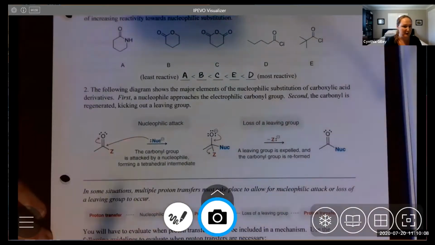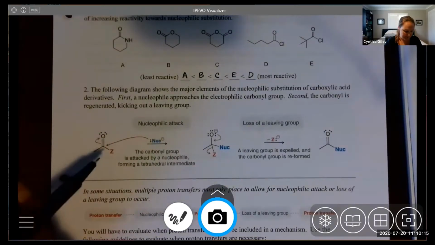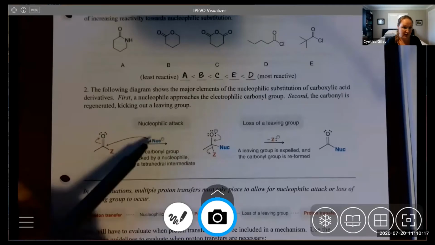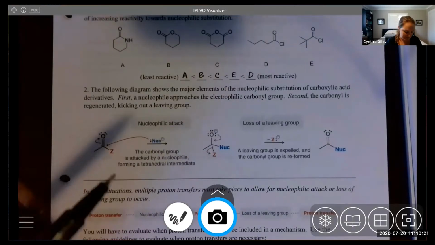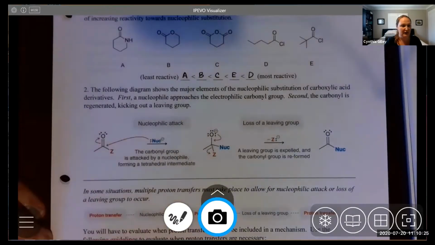So there could be proton transfers before this nucleophilic attack. That typically happens if one of these two is not strong, okay? So for example, if we have a strong electrophile, that overcomes a weak nucleophile in terms of having a reasonable activation energy and a reasonable rate.